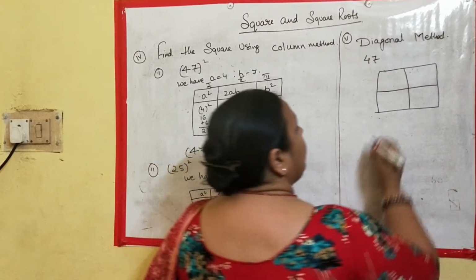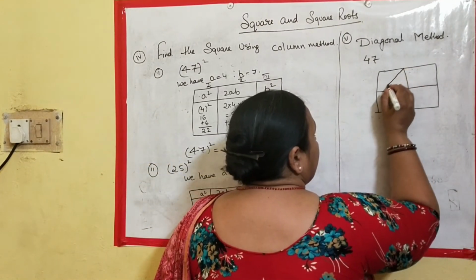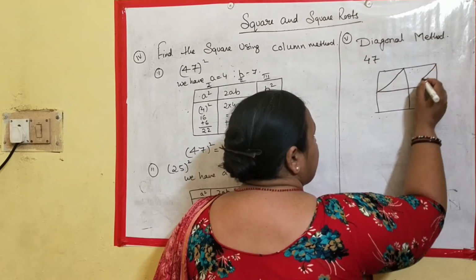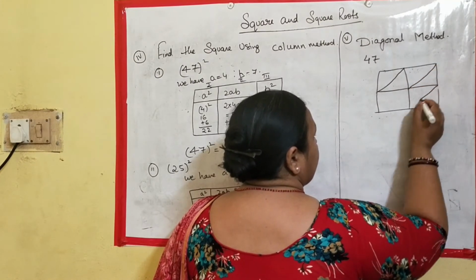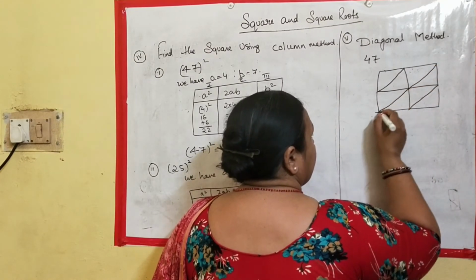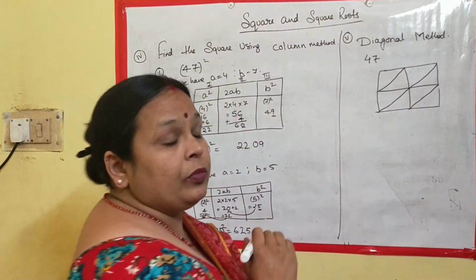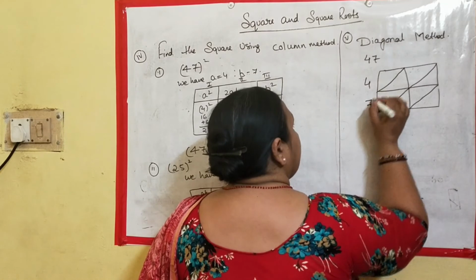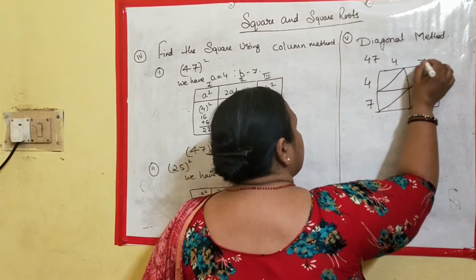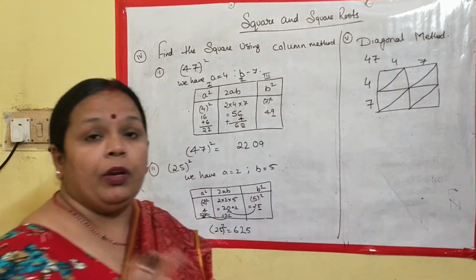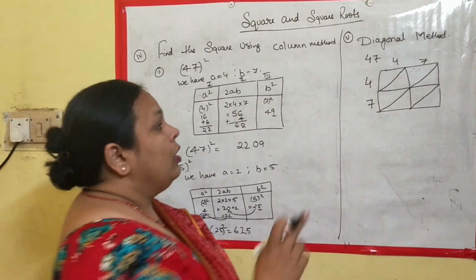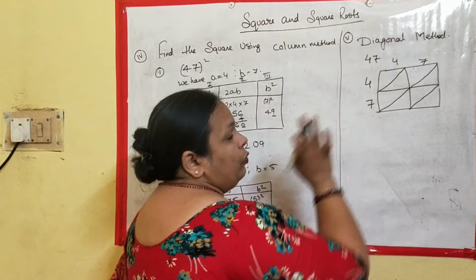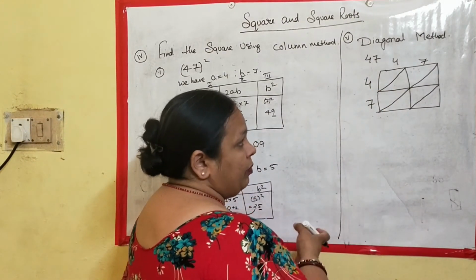Now, remember you need to use the same direction. Right here is 4, here is 7, here 4 and here 7. What we did? We have made a box, divided it into 4 parts. Again we have subdivided it.